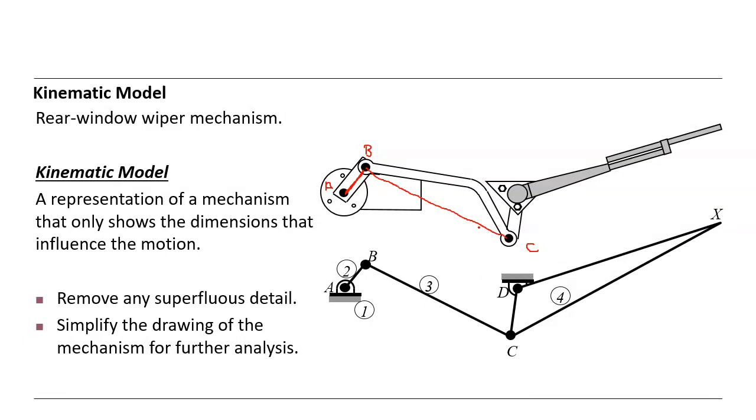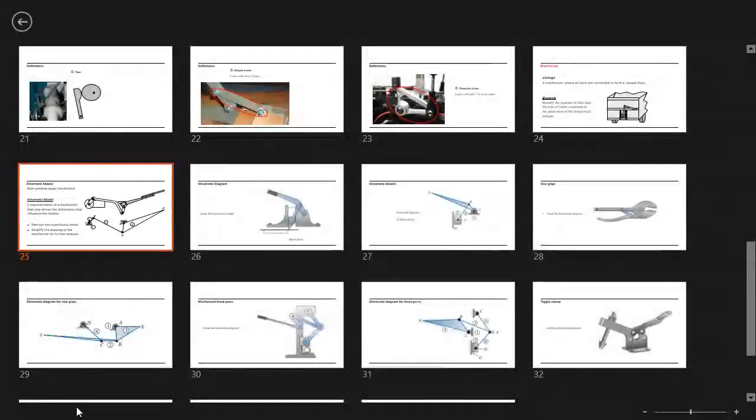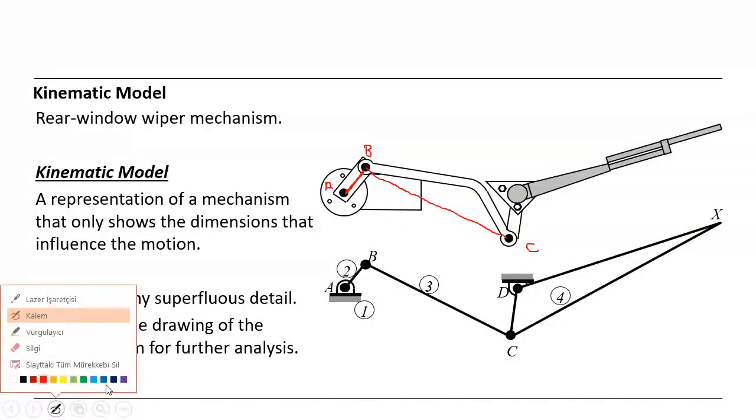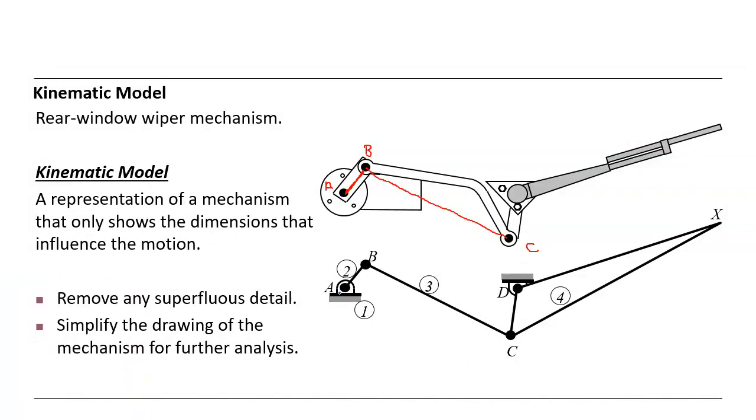BC. You see, in the real picture, these elements could be shaped differently, not like a bar. And then we have here D, which is fixed here. Let's use another color. Okay. So this is a fixed joint here, that means ground.